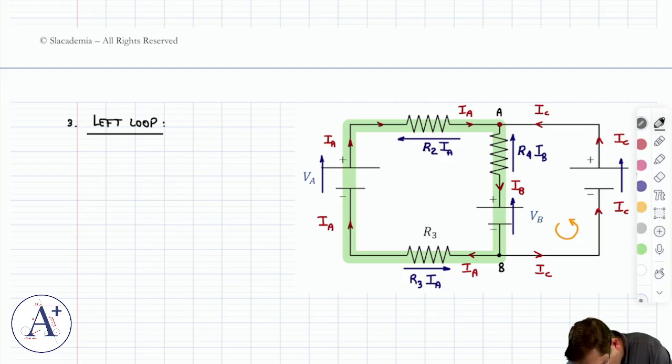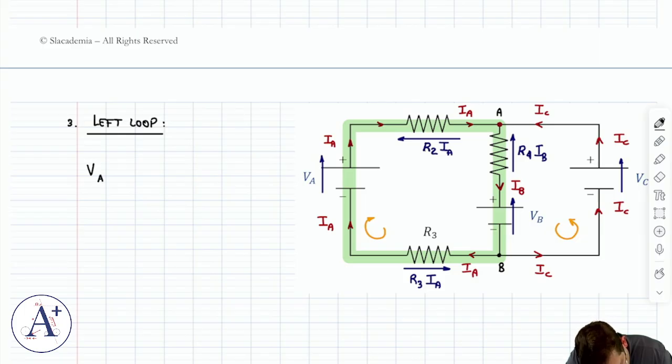You go around clockwise or counterclockwise, it doesn't matter. Let's do clockwise this time just to change things up. As I travel around clockwise, I move up this branch. VA is in the same direction that I'm going, so VA counts positive. Then I go across like this. That's opposite R2IA, so I subtract R2IA.